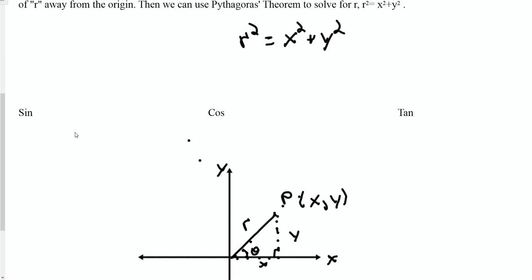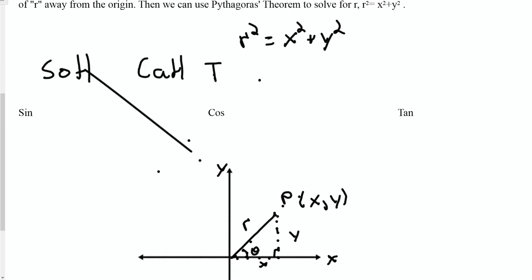Because remember, if we go back to SOHCAHTOA, we know that sine of any angle is opposite over hypotenuse. If you look here on your triangle, my opposite would be y, and my hypotenuse now is r.